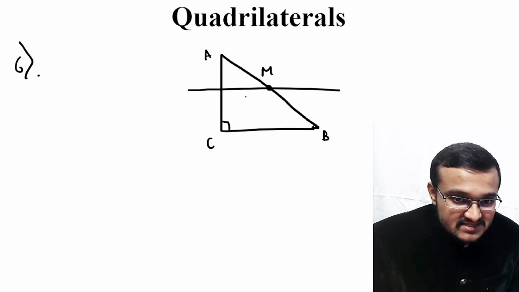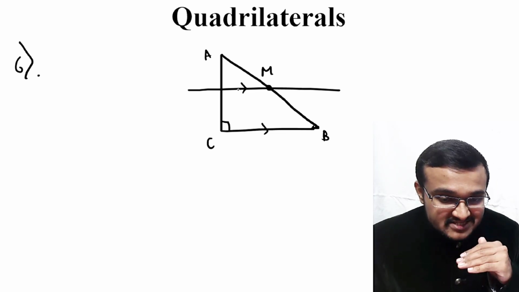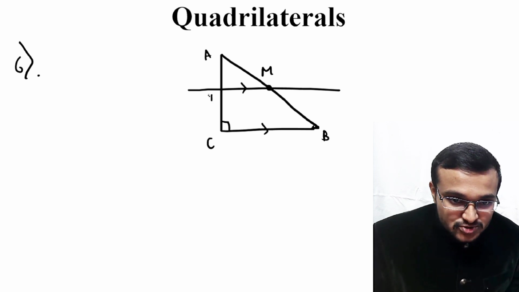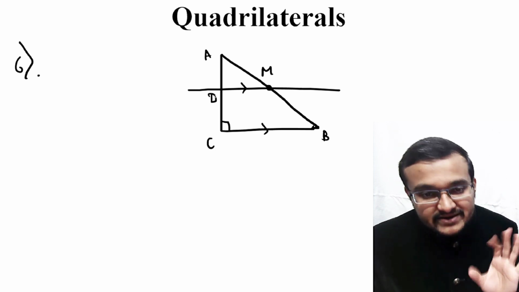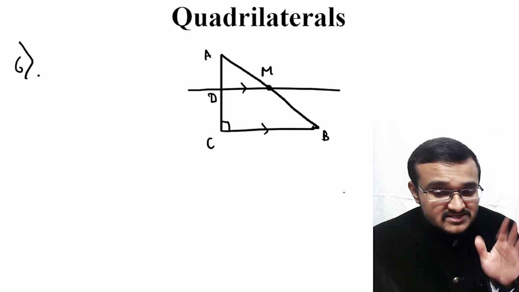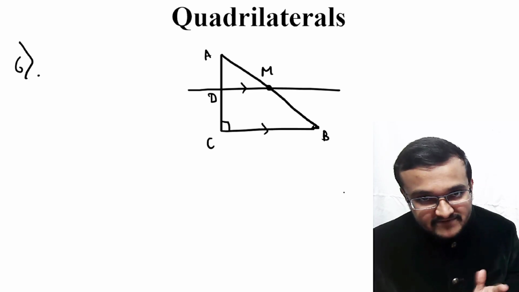This line, drawn parallel to BC, will intersect AC at the point D. So this point is named D. Now we have a diagram like this, created based on the data which they have given.